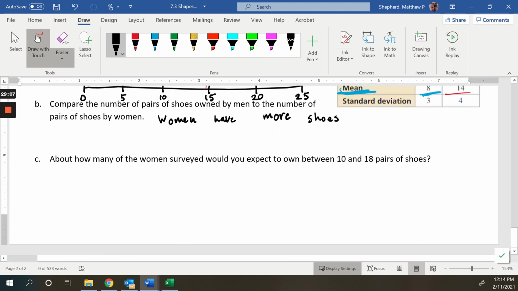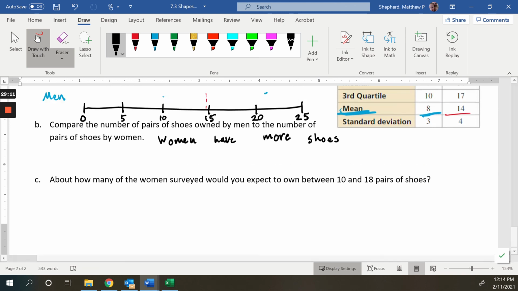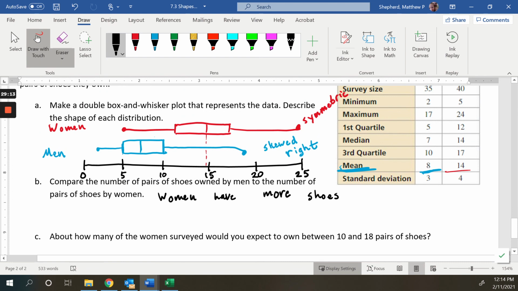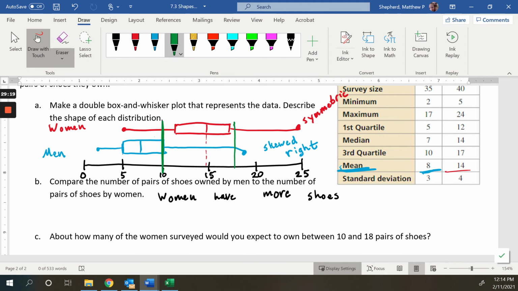Okay, about how many women surveyed would expect to own between 10 and 18? Well, let's look at where 10 is. And 18 would probably be at around there. So notice the entirety of women's box is in there.